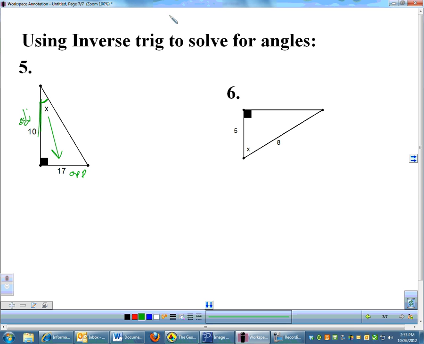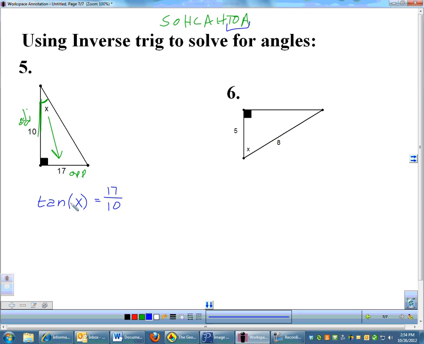And opposite and adjacent, remember SOHCAHTOA, let's bring her back. SOHCAHTOA. And opposite and adjacent is tangent, so I'm going to use tangent for number 5. So tangent, I don't know the angle though. Tangent x equals opposite over adjacent. And there we go.